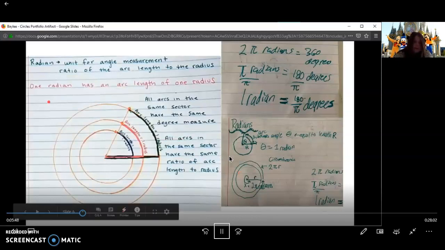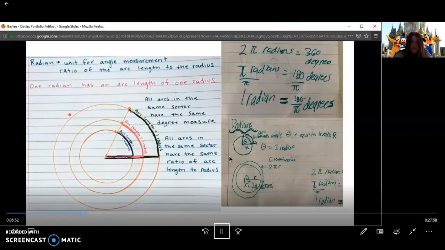Now, you can use degrees for angle measurements, but you can also use another unit of measurement called radians. So, it's a unit of how many of the radius can go around the portion of the circle.